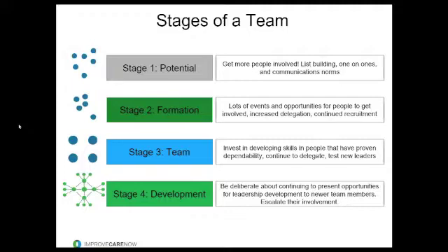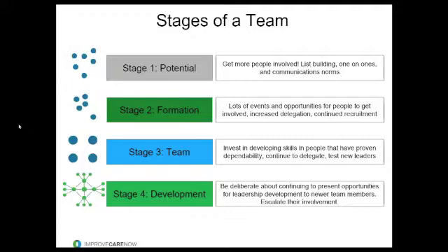Stage 2, you can do lots of events and different info sessions, just provide a lot of opportunities for these people to get involved and continue adding people into the group, getting them informed and giving them opportunities as well.